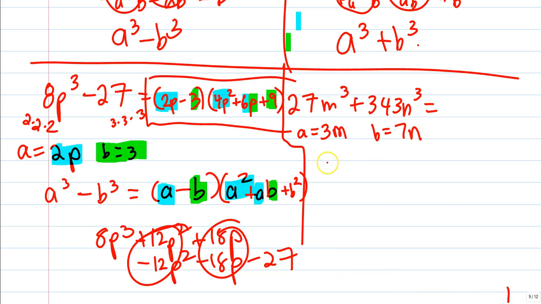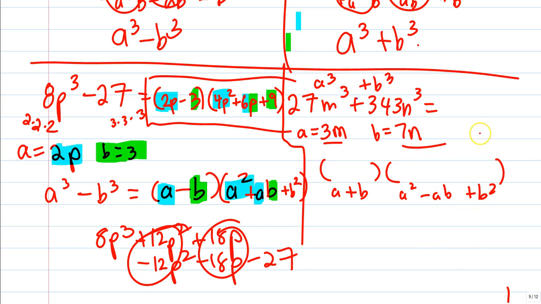So how do I do this now? This one is a cubed plus b cubed. I have that in my notes above, so it'll be a plus b, a squared minus ab plus b squared. What is a times b? What is 3 times 7? Oh no, we're not there yet. A plus b. Sorry, we're all excited.